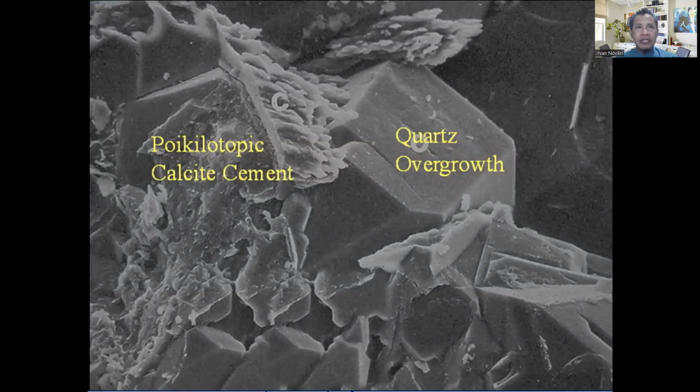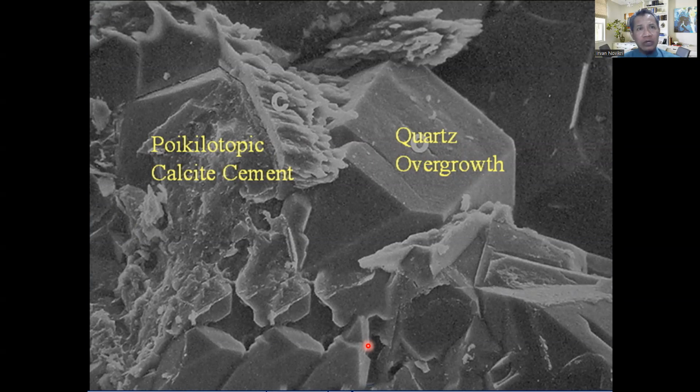In this particular case, there's not much in the way of pore system shown in this sample. There is a bit of some pore here, some pore here, very, very small pores. But this is an SEM photomicrograph, there is calcite cement.